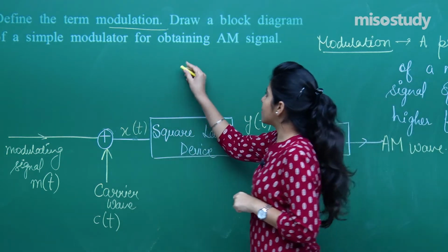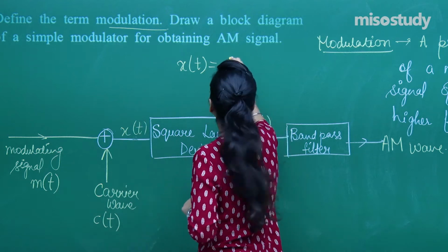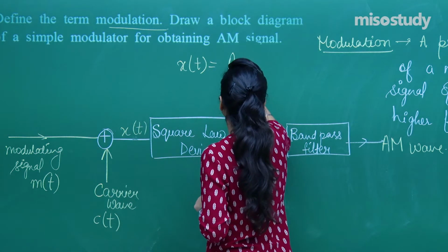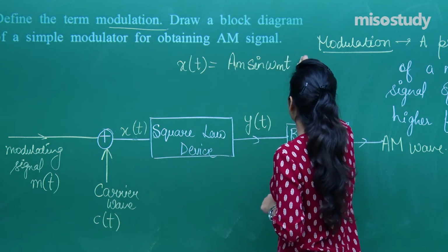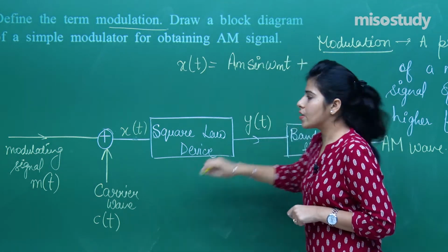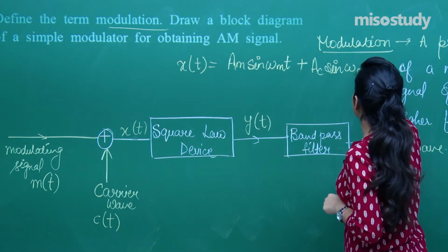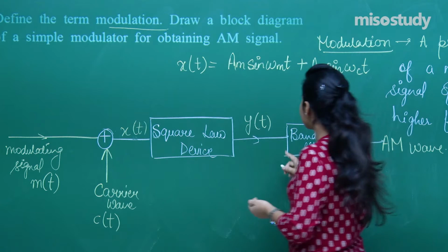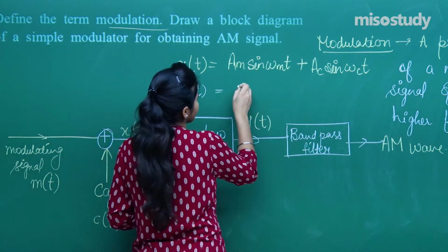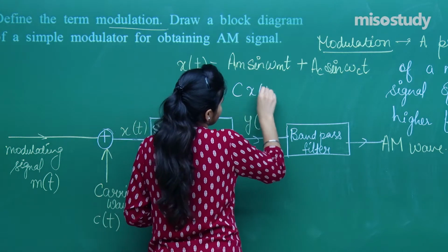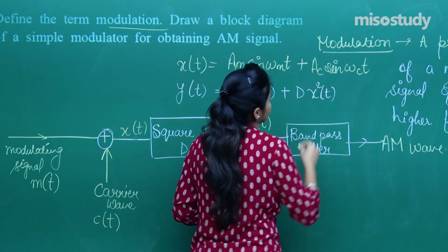So x(t) is nothing but, you can write this as Am sin omega m t plus the carrier wave Ac sin omega c t, and this y(t) is nothing but, you can say, a x(t) plus b x square t.